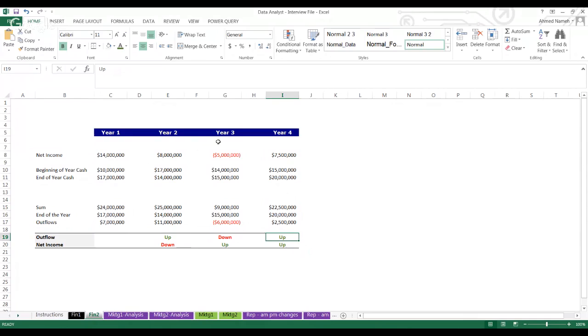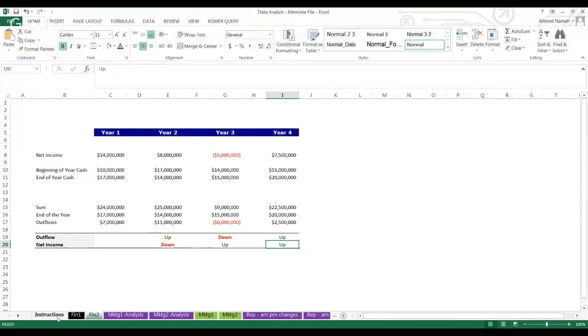So assuming the scenario that I described for year three actually played out, and the services weren't rendered until year four, all of a sudden you're going to see a huge boost in net income, because all of these services or products that you sold in year three, when you collected the cash, were recognized as revenue from an accounting perspective in year four. And that's why you have a scenario where outflows increased and so did net income.